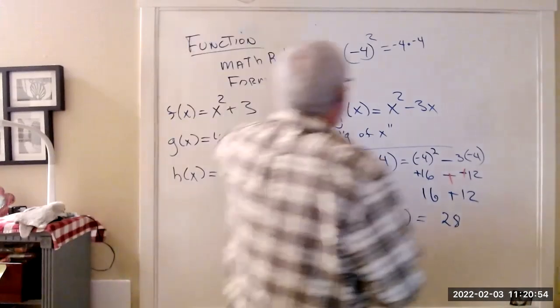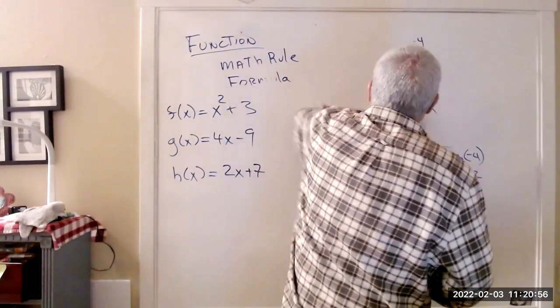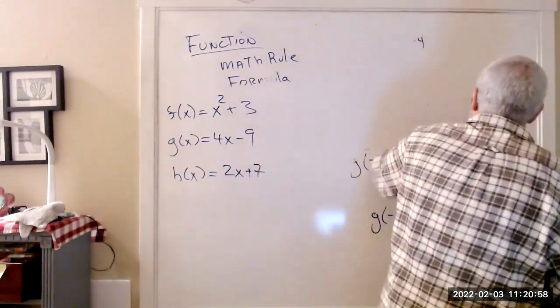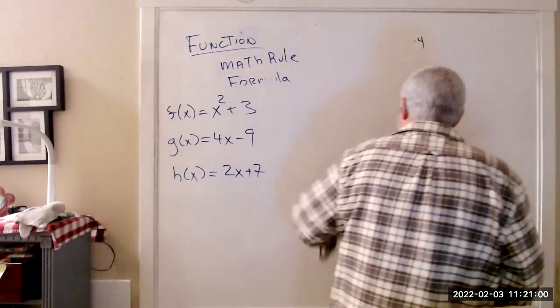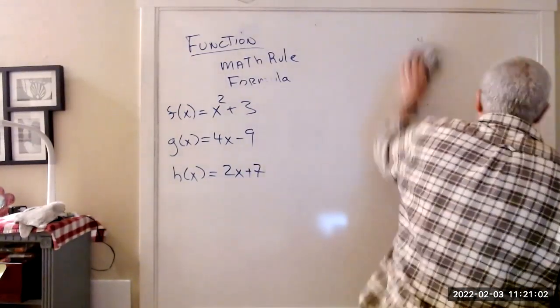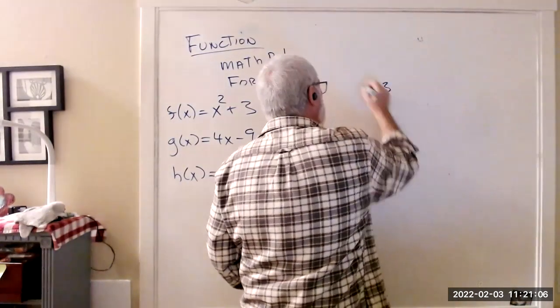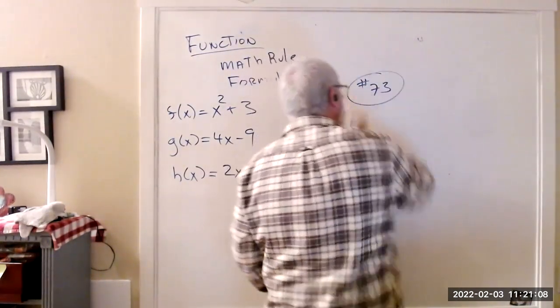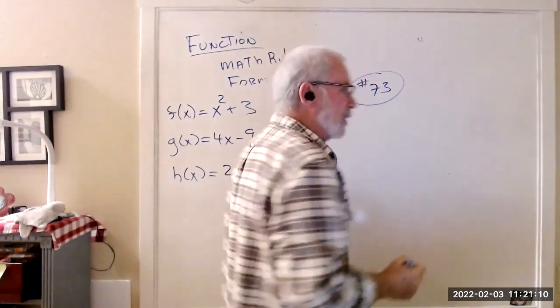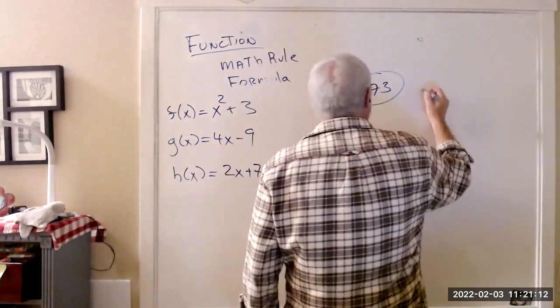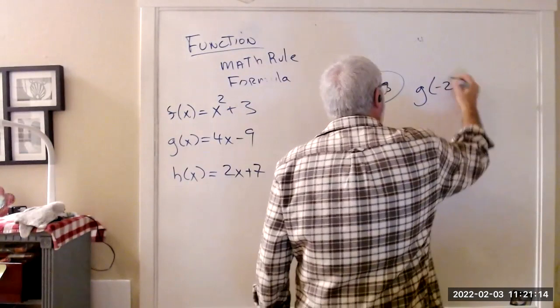So somewhere on the test, I might say in problem number 73 on the test, I'm joking, my tests don't have 73 numbers, I want you to find G of -2.